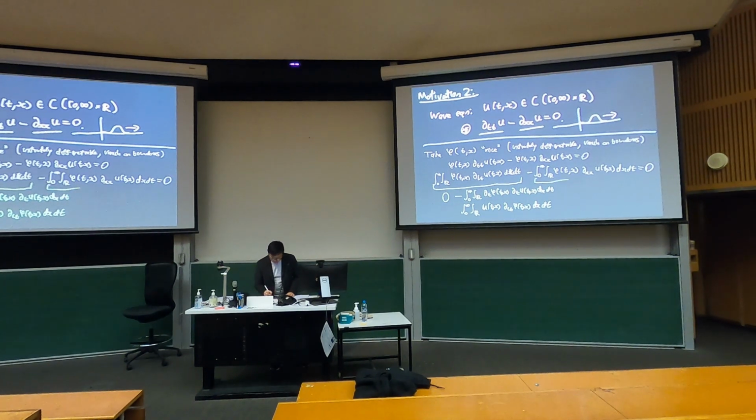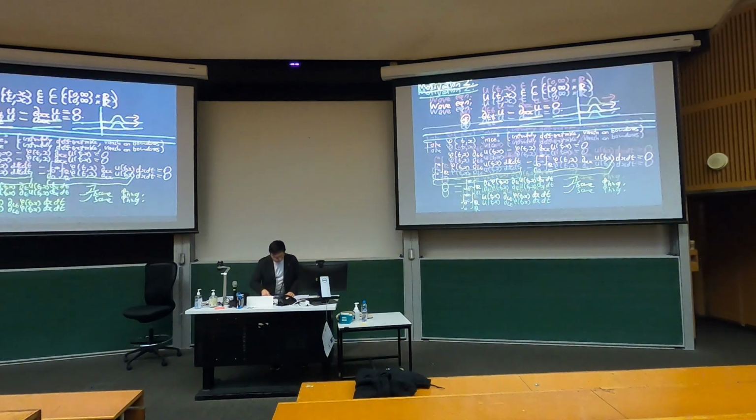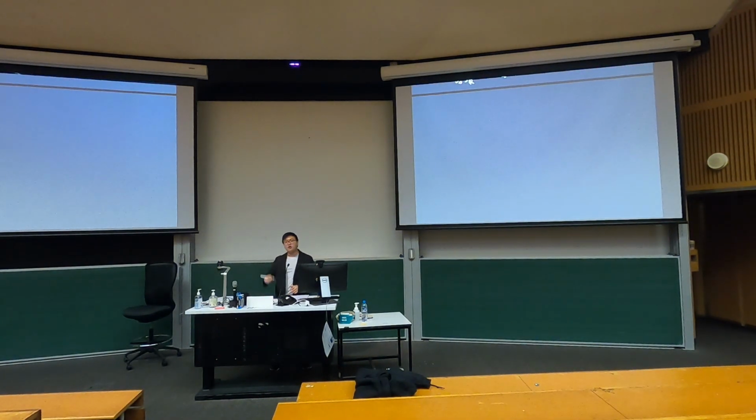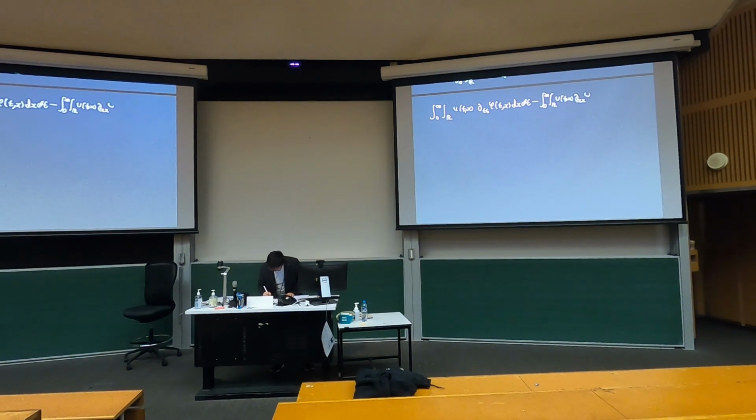So I can actually do the exact same thing here. So I do the same thing, and I end up with something a little different. The overall equation I end up with looks a little like this: the integral from 0 to infinity over R of u_tx, d_tt phi_tx dx dt equals 0.